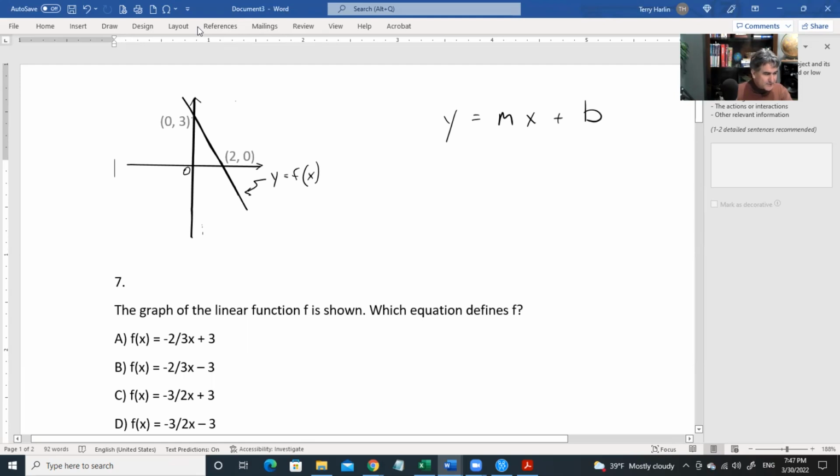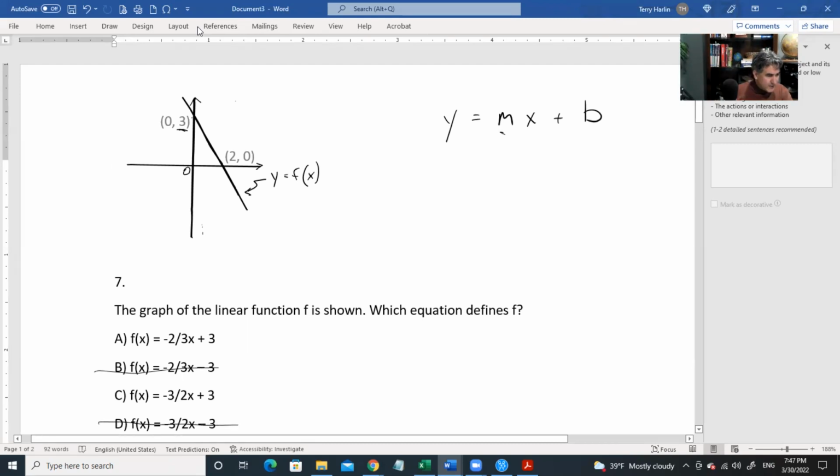The y-intercept. It's just where the line hits the y-axis, so it's easy, no calculations needed. And so we come over here and we see that our y-intercept is going to be 3. So we can eliminate B and D.